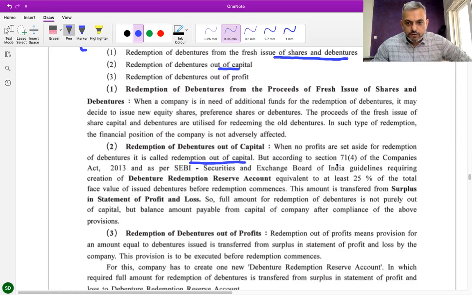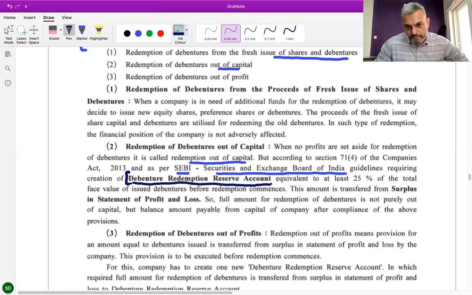But according to Section 71(4) of the Companies Act 2013, and as per SEBI, the Securities and Exchange Board of India, guidelines require the creation of a very important debenture redemption reserve account.